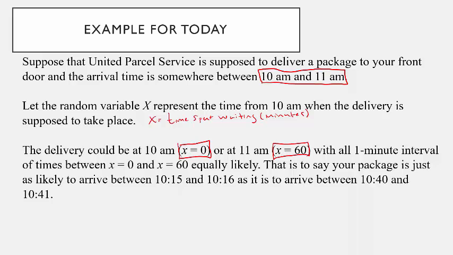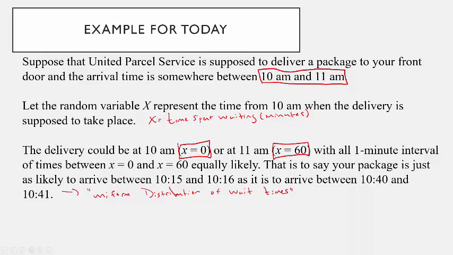What I mean is that your package is just as likely to arrive between 10:15 and 10:16 as it is to arrive between 10:40 and 10:41. What this is hinting at is a uniform distribution of wait times, because each interval is equally likely.